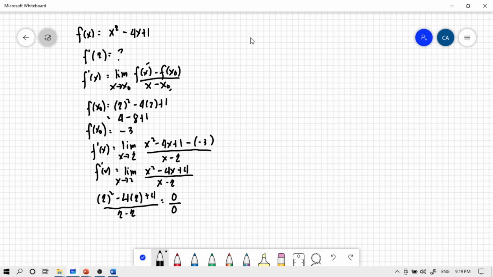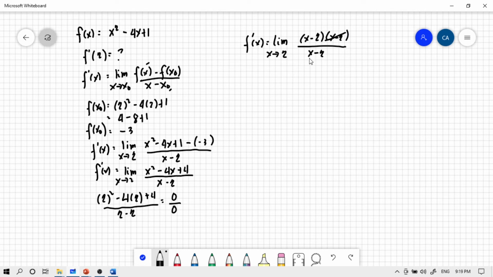So we have f prime of x equals the limit of, ano yung factor ng x squared minus 4x plus 4? We have x minus 2 times x minus 2. Divide by denominator, which is x minus 2 as x approaches 2.